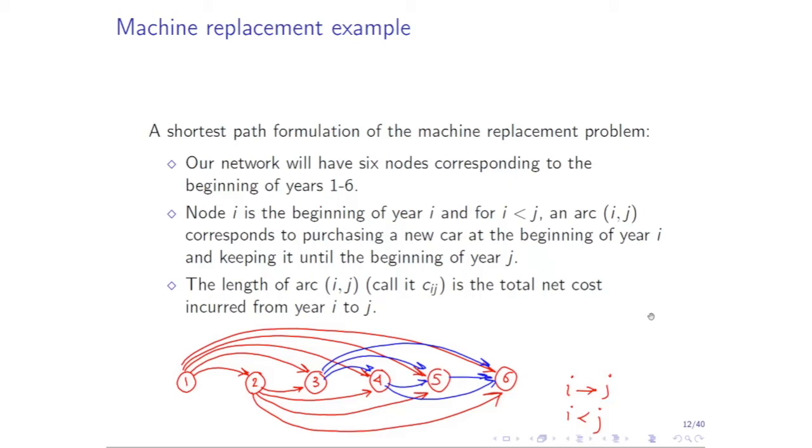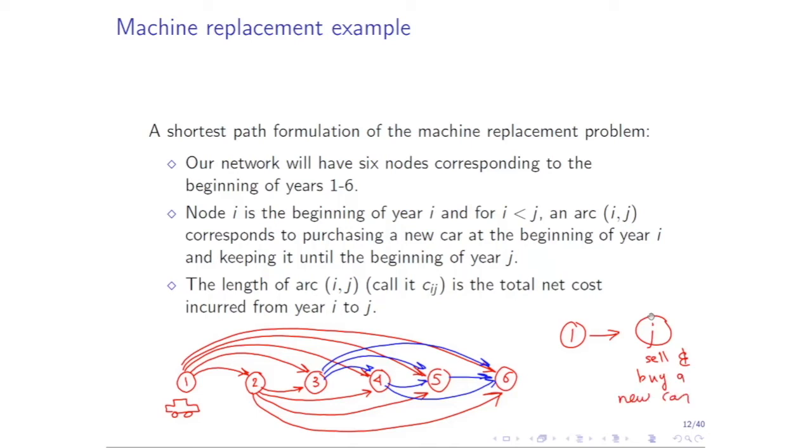Now let me tell you my logic. You know that I already have a car. I just bought a car, so I have a car here, and every edge from 1 to a vertex j means that I will keep the car from the beginning of year 1 to the beginning of year j, then I will sell it here and buy a new car.